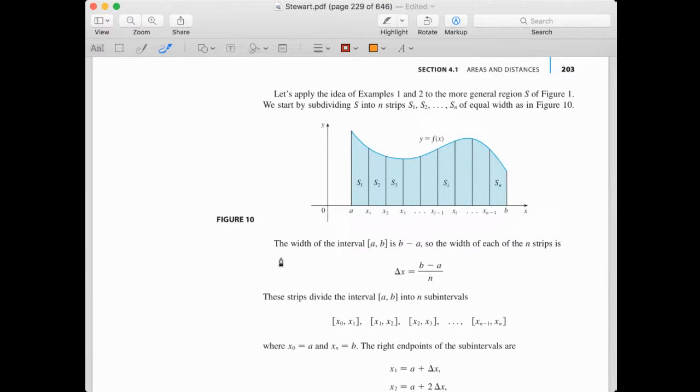We can cut into many pieces, and we're also free to choose the y value. We could choose the left point, the right point, or sometimes the middle point as the y value to approximate the area.